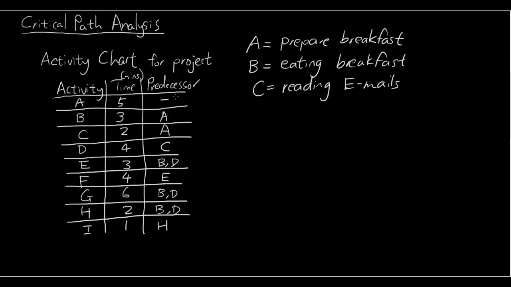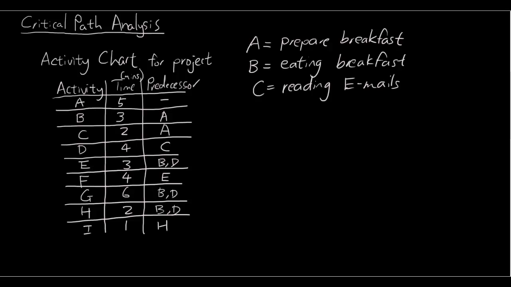And each activity also has a predecessor, which means that before A is completed, B cannot be started. So B can only be started once A is complete. And same as C. C can only be started once A is complete. D can only be started once C is complete.